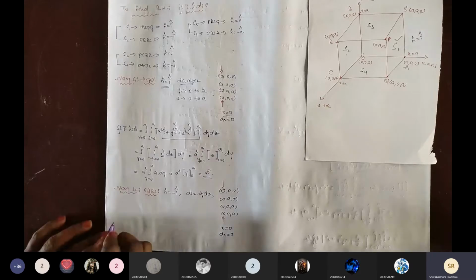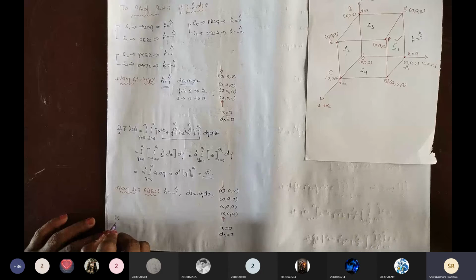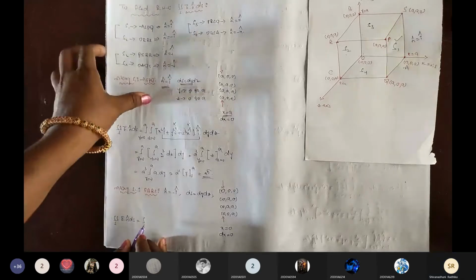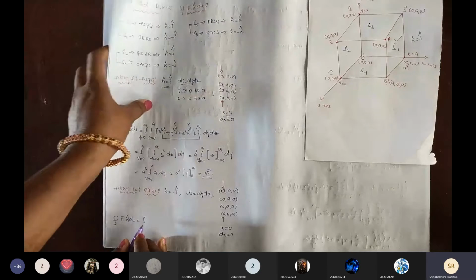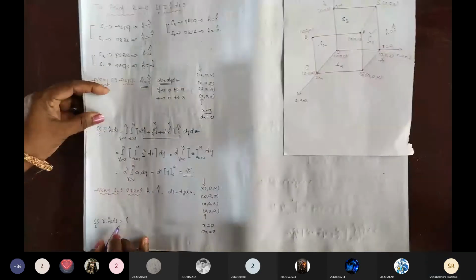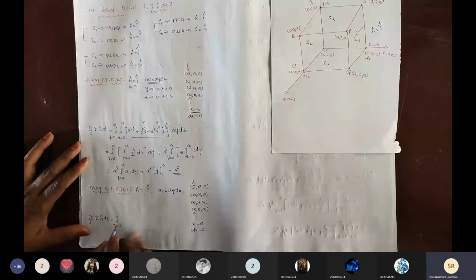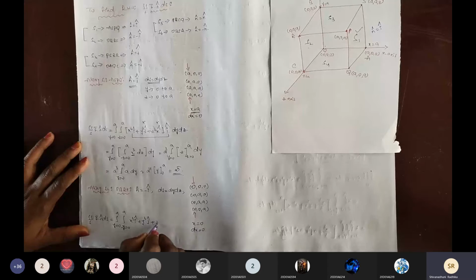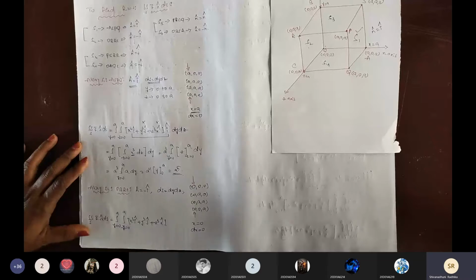Okay, after substituting all this data, F bar dot n cap ds equals the integration over y from 0 to a and z from 0 to a of x cube i cap plus y cube j cap plus z cube k cap, dot n cap.